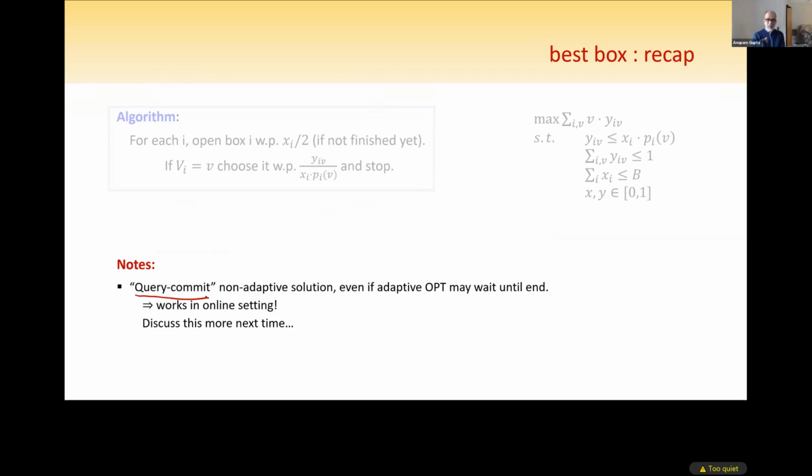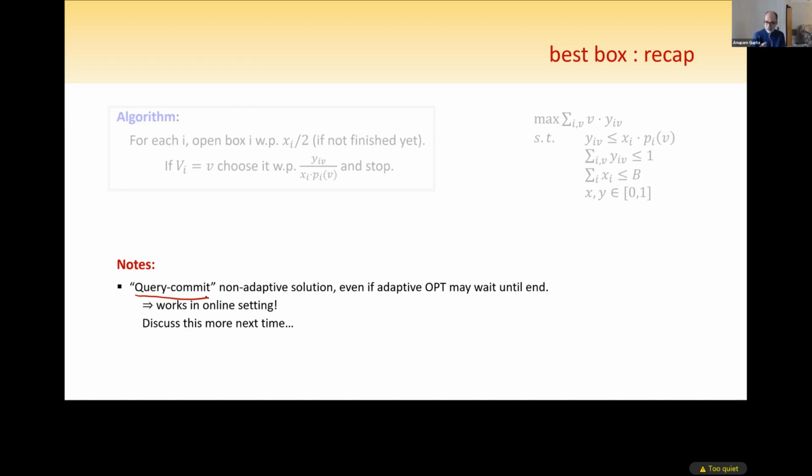People might come in and say, I'll give you $50 for this, and you say, no, not going to happen. It's like getting the most money out of N buyers who are going to come, but you're only allowed to ask B people for bids. So it works in this online setting.